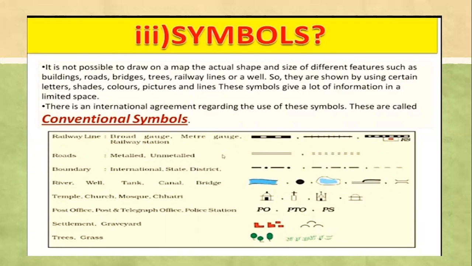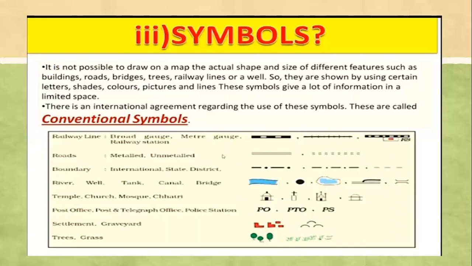On the map, if there are temples, petrol pumps, desert area, greenery, to denote all these things, there are symbols in the map. You may take anything: post office, telegraph office, station, police station, railways, bridges. To denote each and everything, you have a specific symbol, and these symbols are called conventional signs and symbols.